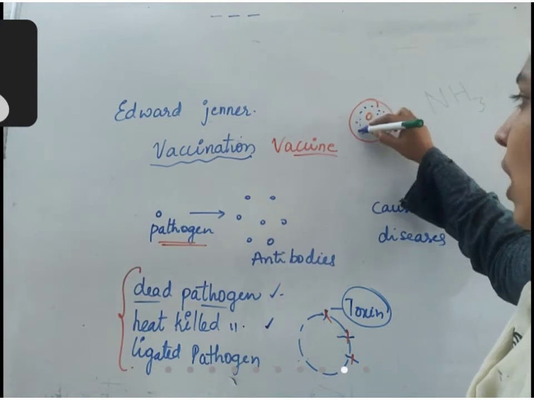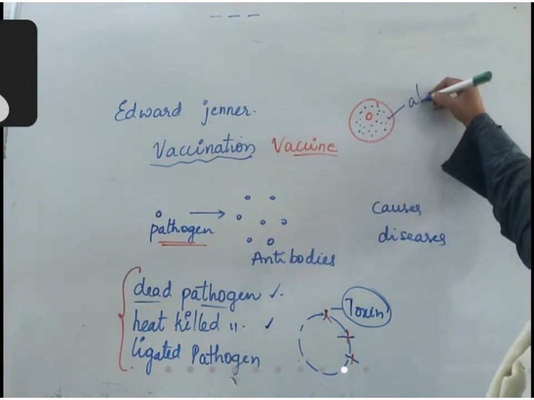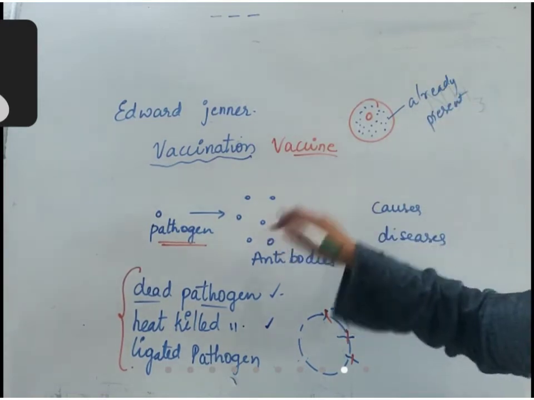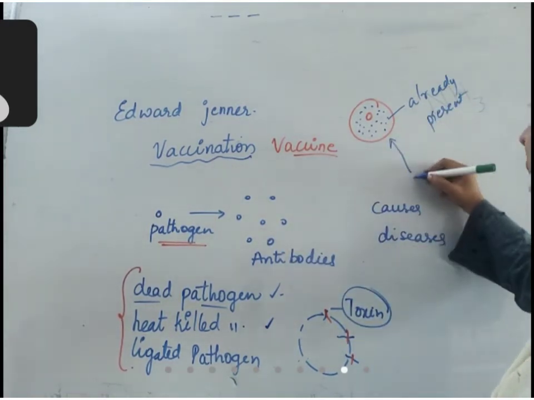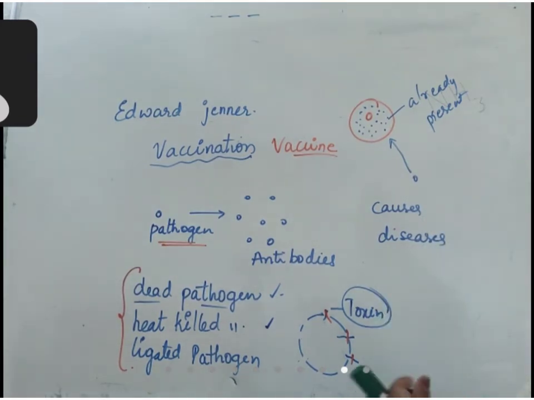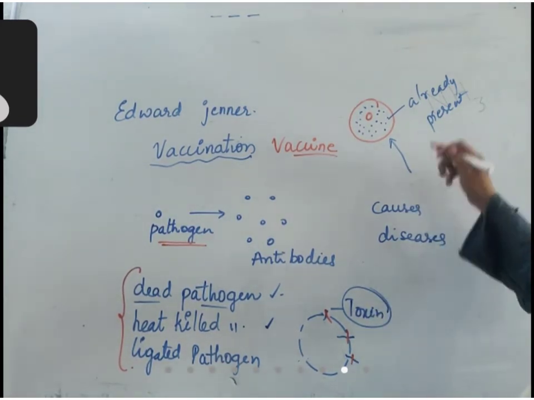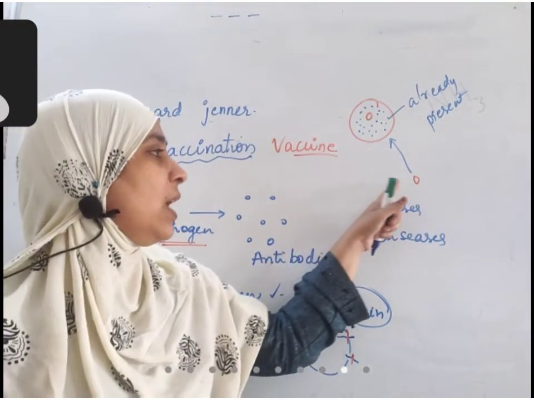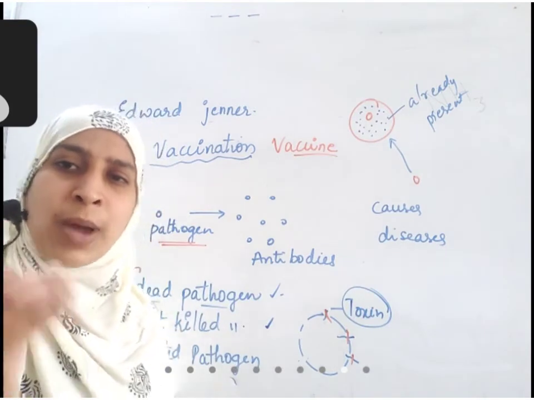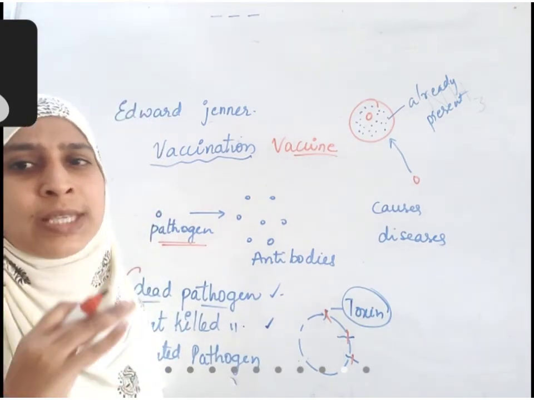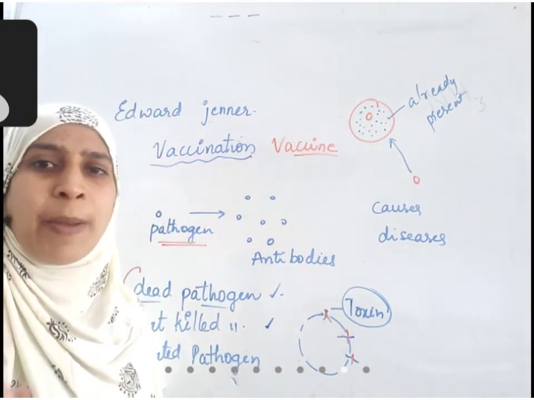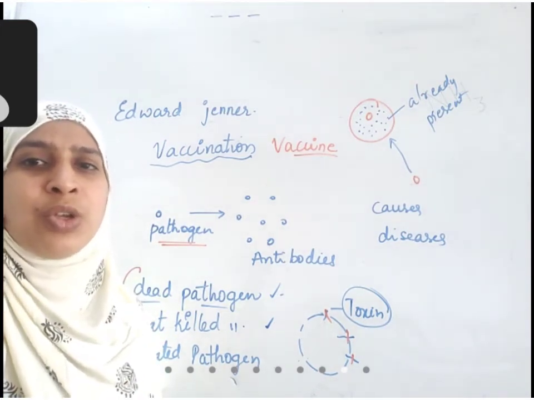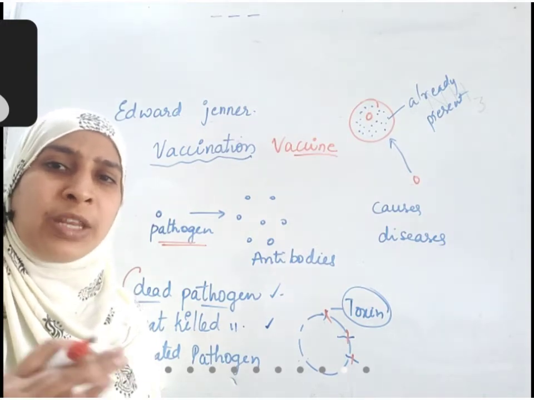So now our antibodies are already present in the body, before infection occurs. Now, if any pathogen is trying to enter our body, what will happen? Already antibodies are produced. So, at the very first minute stage of infection, those pathogens are killed. So there will not be any further infection.